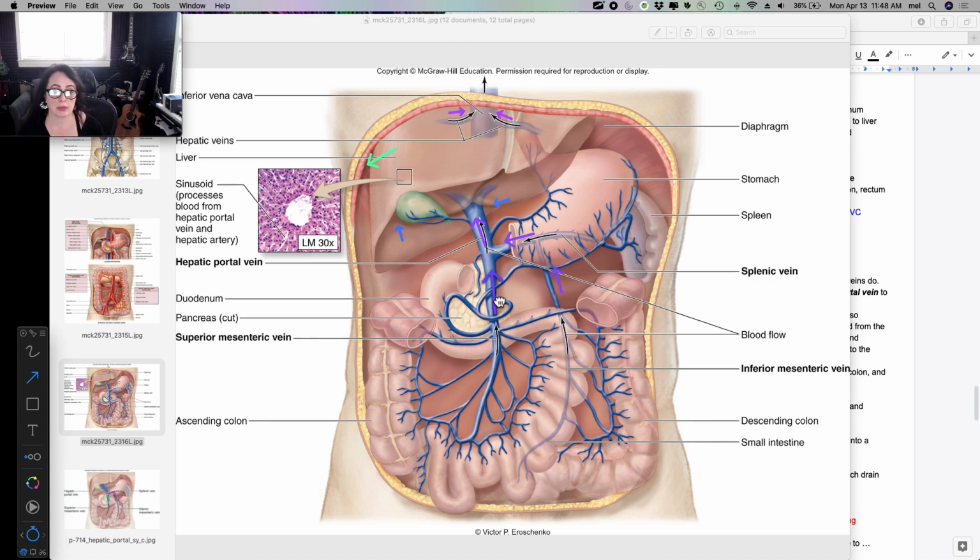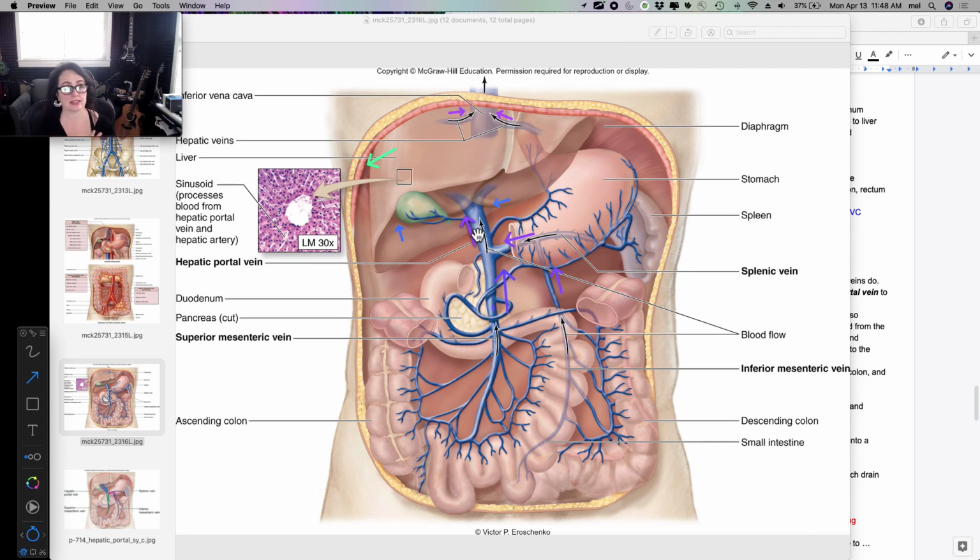I'm gathering blood from almost the entire small intestine and the proximal portions of the colon, meaning ascending and transverse colon. This is drawn weird, but that's the ascending colon. It's flipped over. So this is the superior mesenteric vein. I'm gathering blood from the spleen. So this is the splenic vein. All of those come together into the hepatic portal vein.